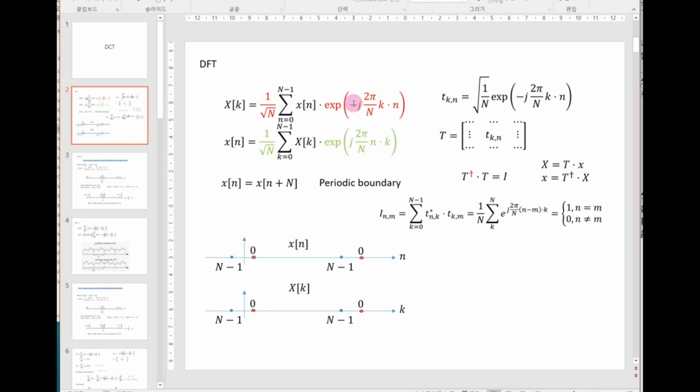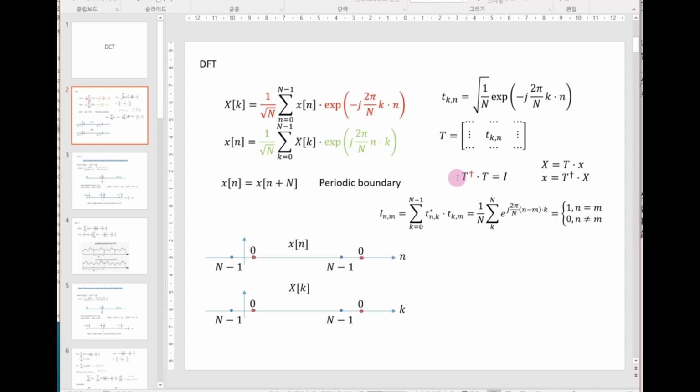This j is changed to minus j because of the conjugate and the transpose. Transpose changes the row and column index. Originally T had the row index as the spectrum index and the column as the sequence index. But in the case of dagger, the row index becomes the sequence and the column index is the spectrum.